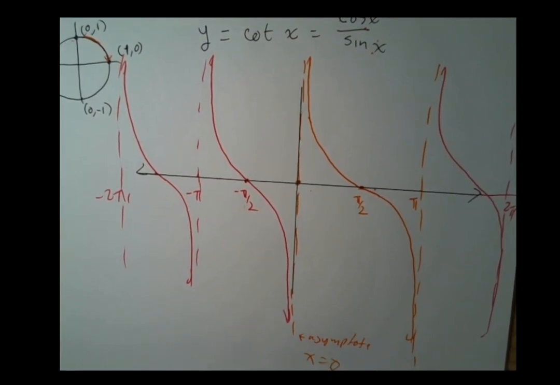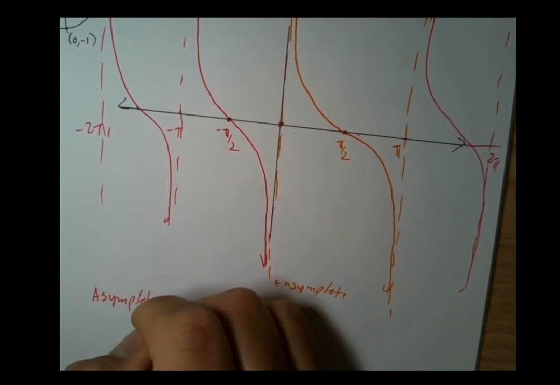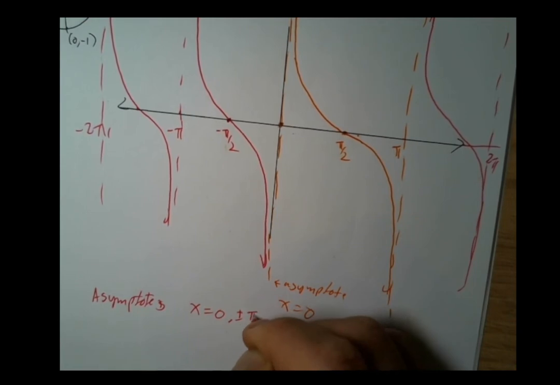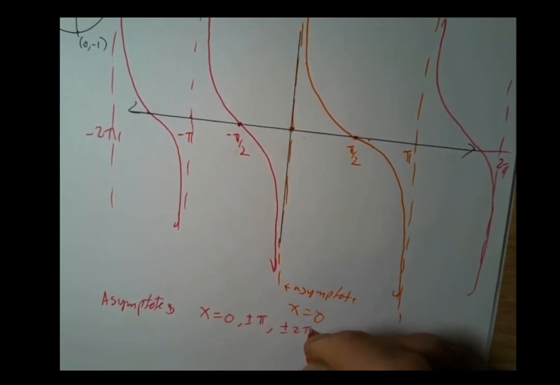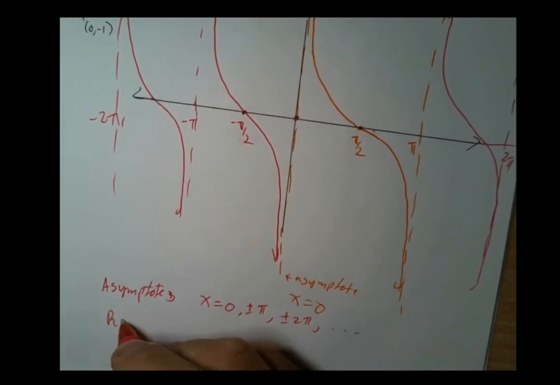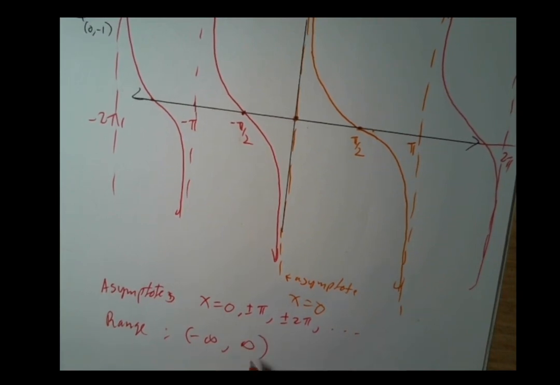Here we have asymptotes at x equals 0, and plus or minus pi, plus or minus 2 pi, etc. The range goes from negative infinity to positive infinity. And the domain is wherever the function is defined, so everywhere except at these points.